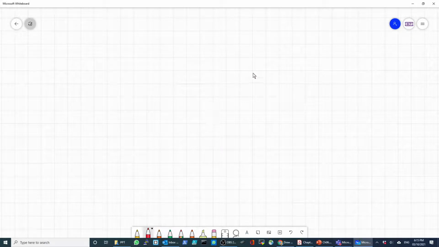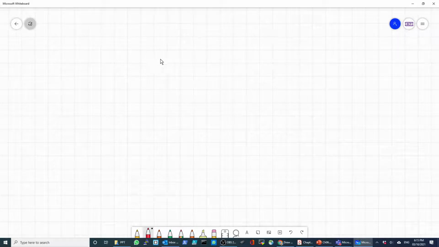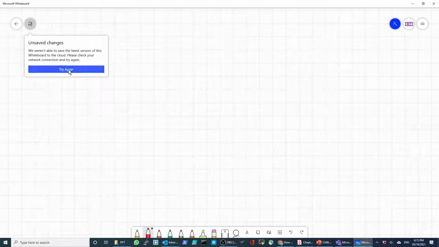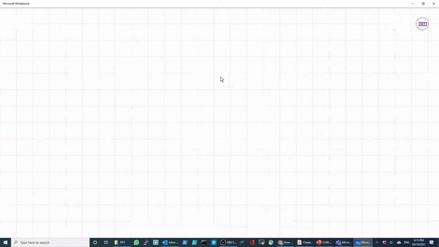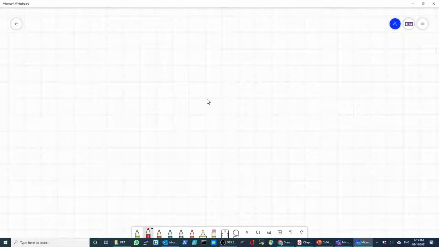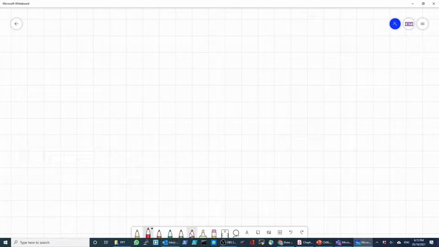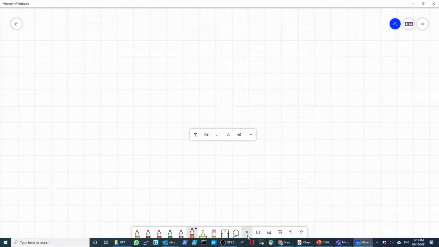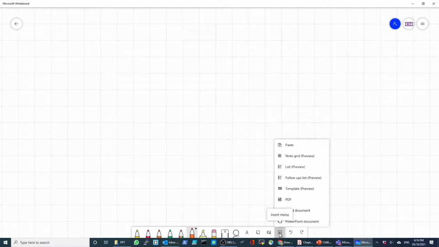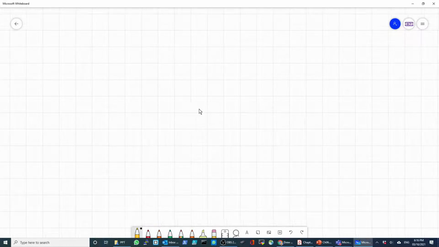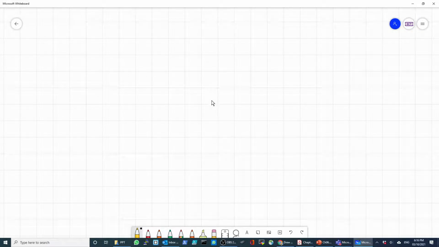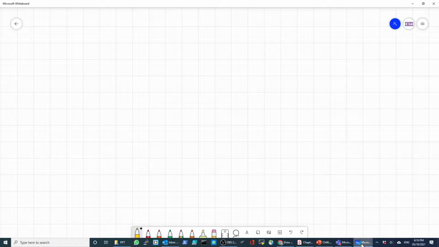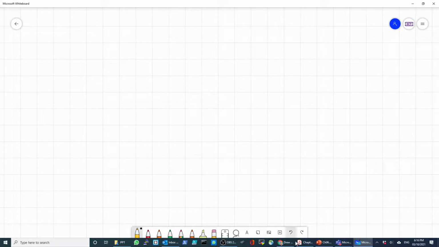I want to use this. Why is it not allowing me? It's really interesting. Try again. That is really interesting. Why can't I select anything? In here, add note, insert menu, paste, PDF. I don't want any of this. Come on. Really?